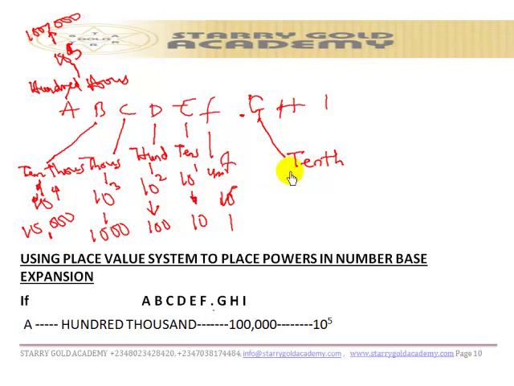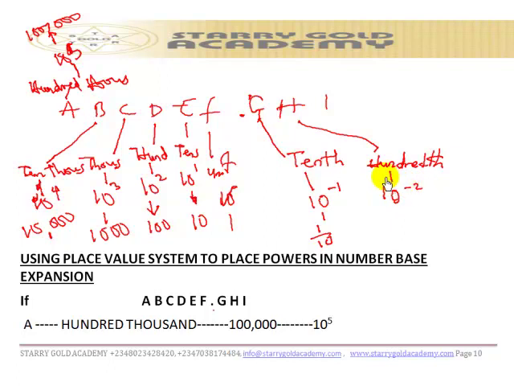So if tens is 10 raised to 1, then tenth is 10 raised to minus 1, and that is 1 over 10. Hundredth: if 100, the positive one, is 10 raised to 2, then this one is 10 raised to minus 2.